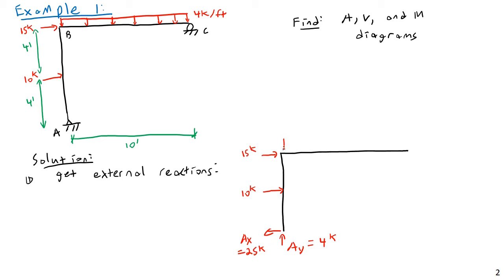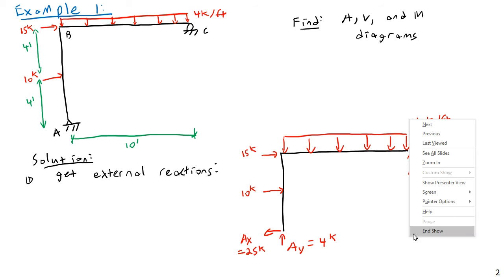Then we'll have our downward distributed load along the top of 4 kips per foot, and a reaction CY equal to 36 kips. And this is our overall free body diagram of our combined structure.